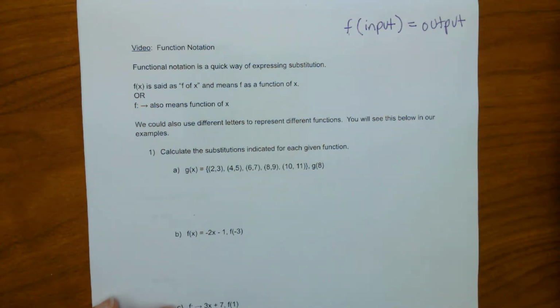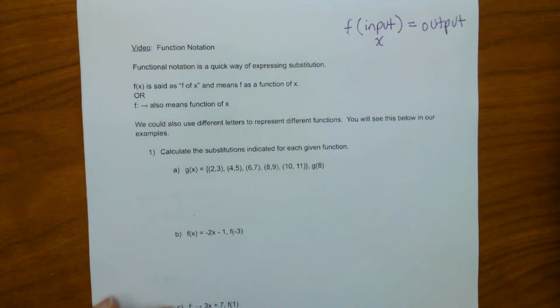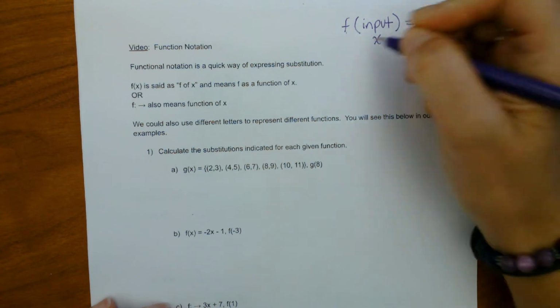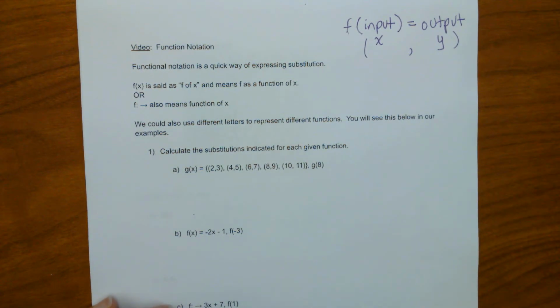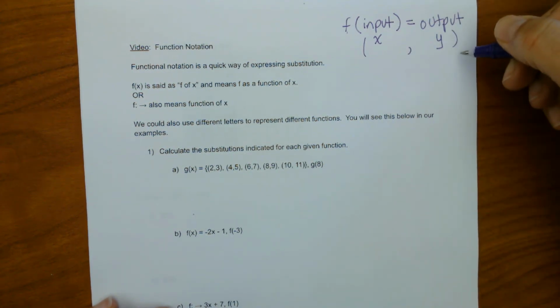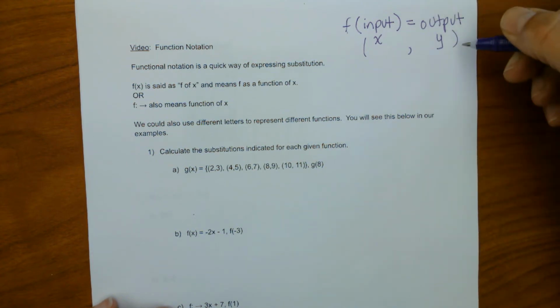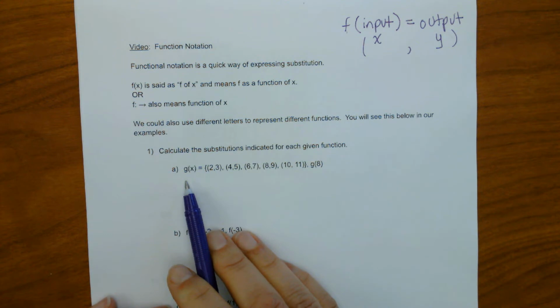A lot of people like to say that our input is x and our output is y, and so we get this ordered pair, (x, y). That's how we're going to be treating our functions, as input x and as output y. So when we have an input, we have an x, and we're going to be looking for the output, which is the y.